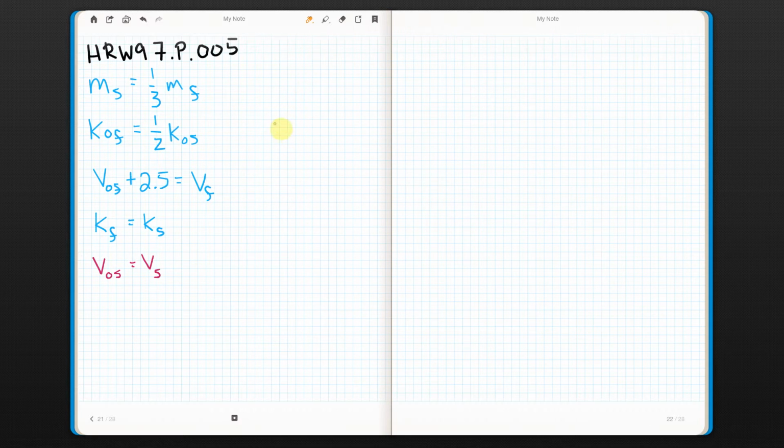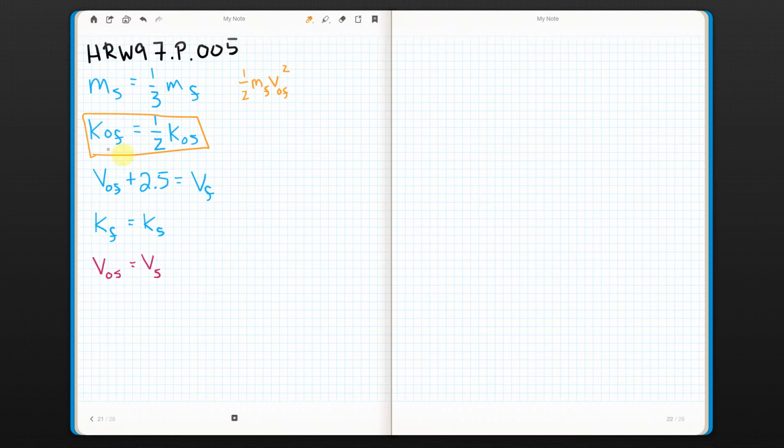So first off, I'm going to start here. Instead of writing the kinetic energy of the father, I'm going to write the equation for kinetic energy: 1/2 the mass of the father times the initial velocity of the father squared.